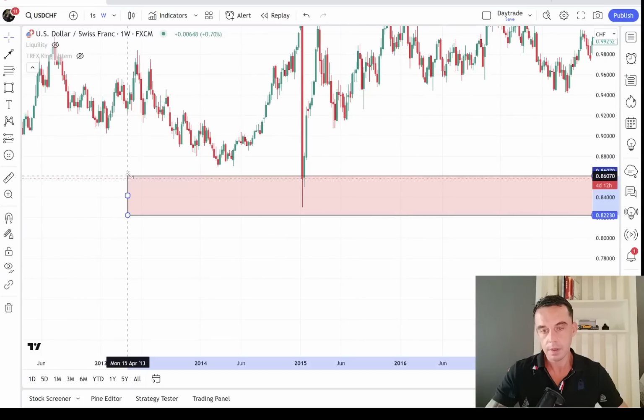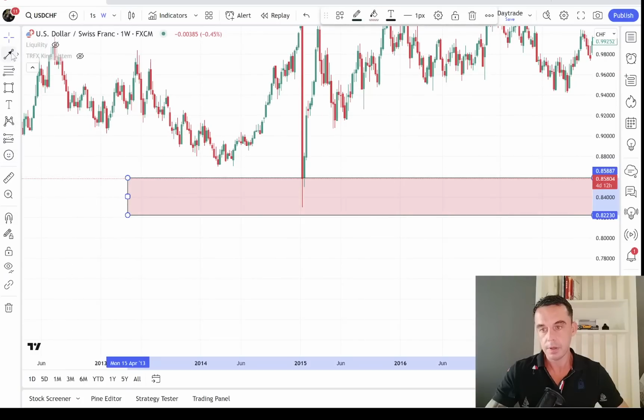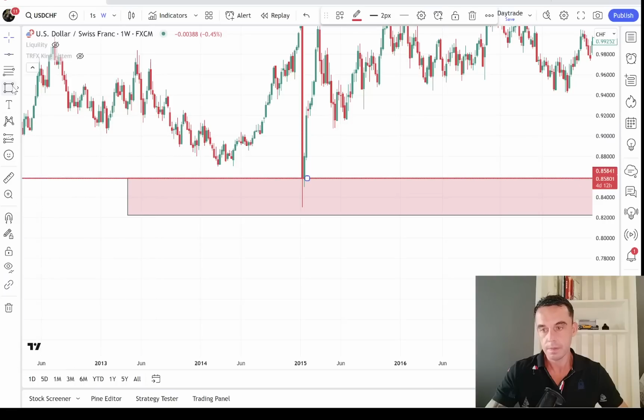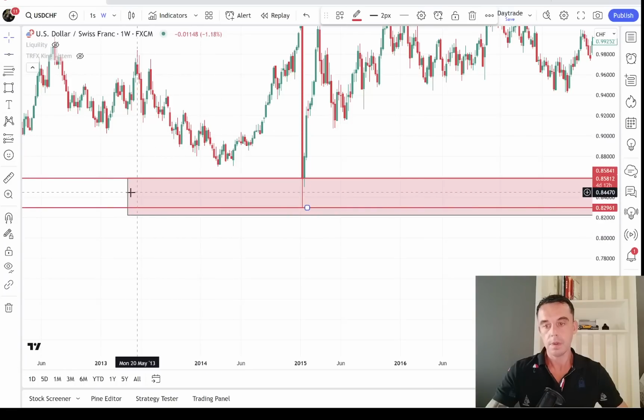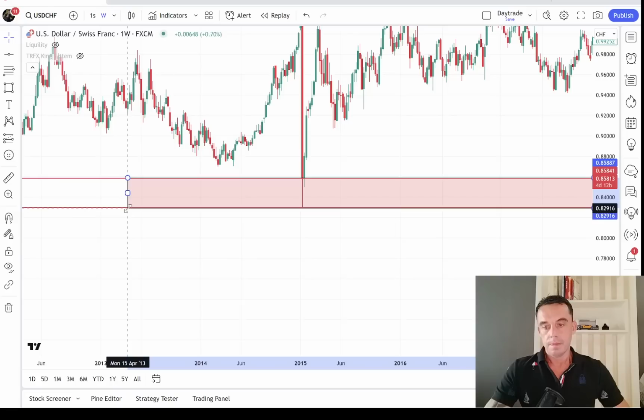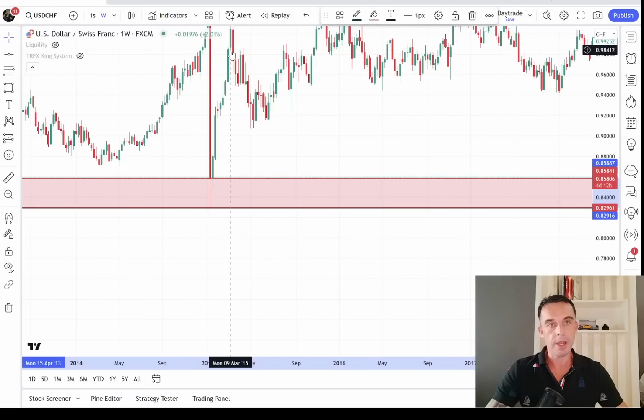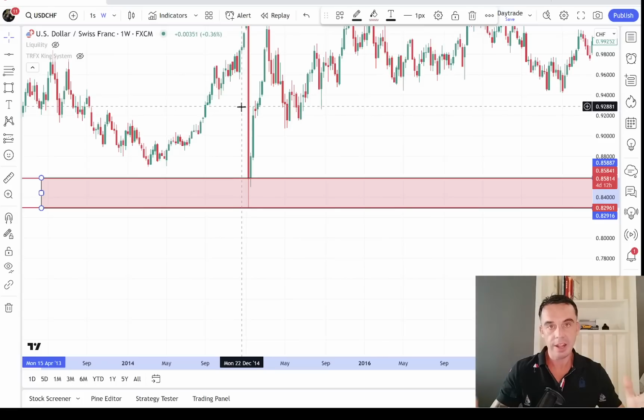We'll just put the two lines in here. So we can see the huge reaction from here before on the weekly charts, clearly telling you that there's been institutional buyers here before and they've pushed the market up.